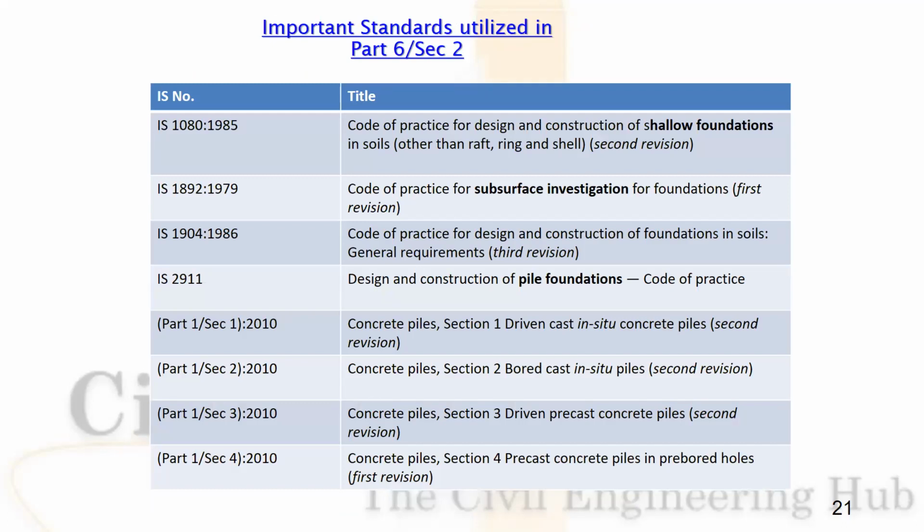Okay. Here, what codes have been used? IS 1080, code of practice for design and construction of shallow foundation. 1892, subsurface investigation. 1904, design and construction of foundation in soil. 2911, design and construction of pile foundation. 2911 Part 1 Section 1, concrete piles, that is, driven cast in-situ piles.